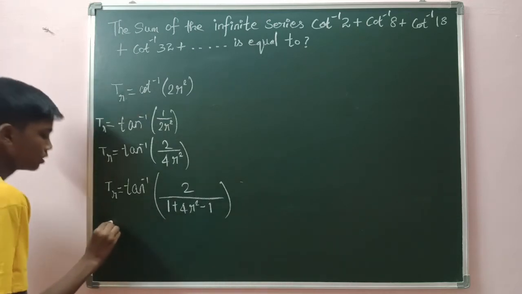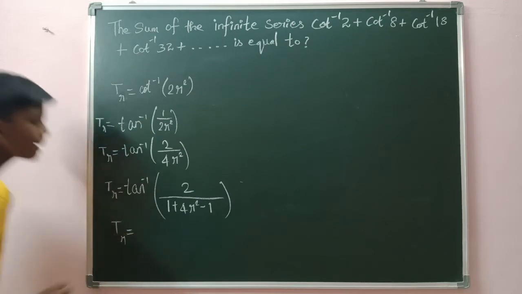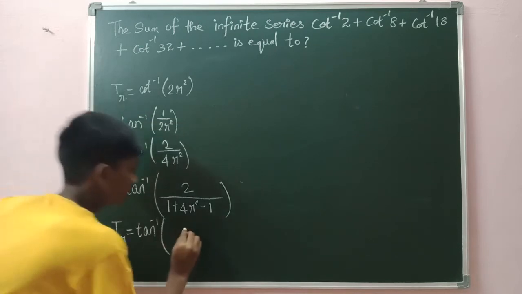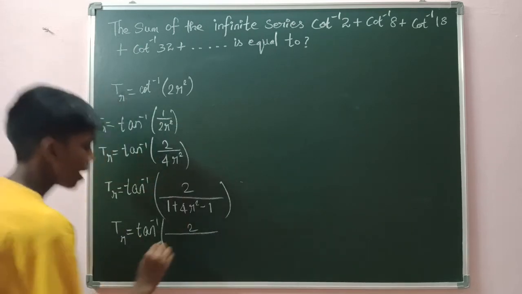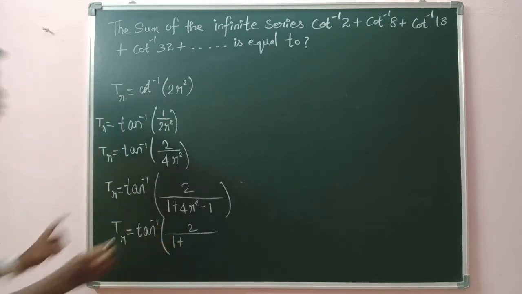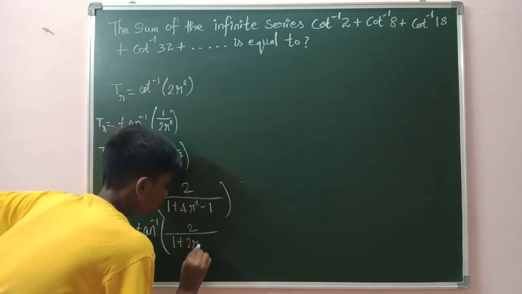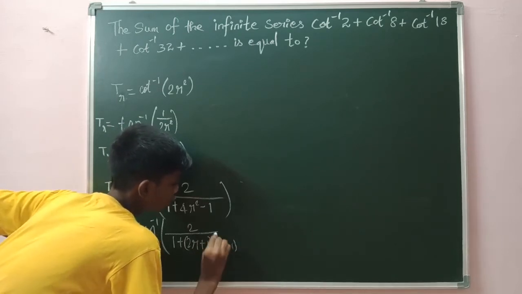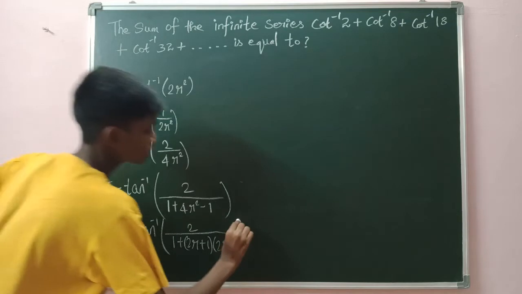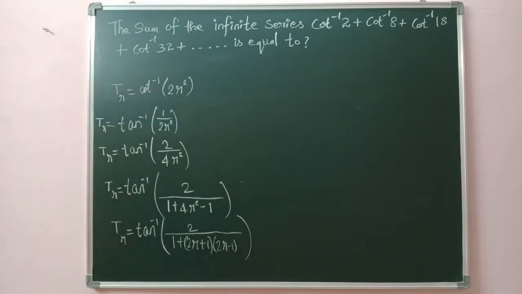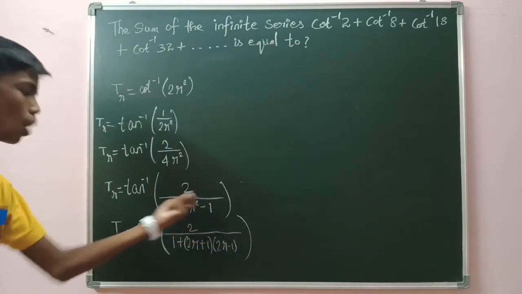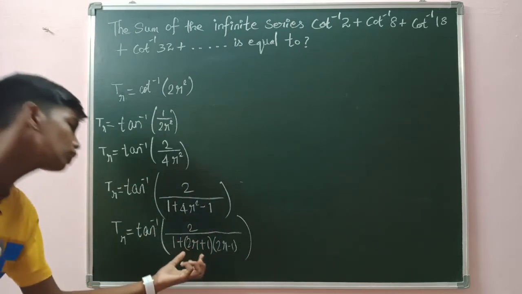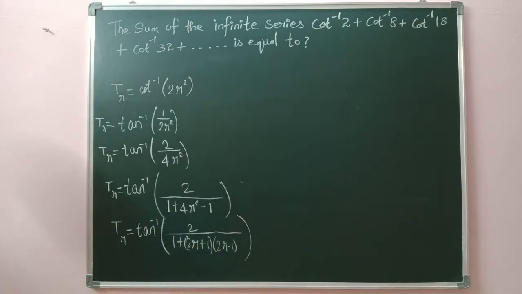Listen, I can write the same 4r square minus 1 as 2 by 1 plus, I can write this 4r square minus 1 as 2r plus 1 into 2r minus 1 using your a plus b into a minus b identity. So this is a square minus b square, that is 2r whole square minus 1 square, 2r plus 1 into 2r minus 1, a plus b into a minus b identity.